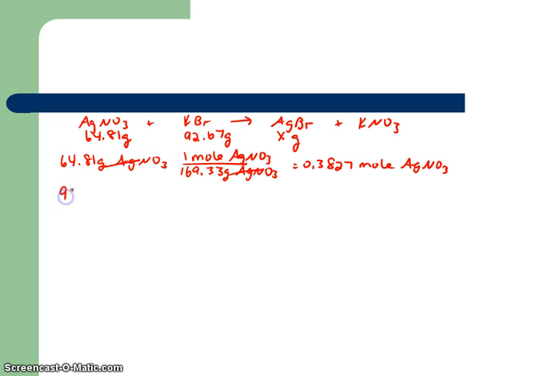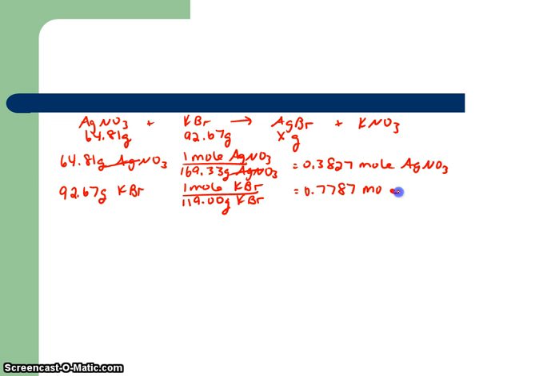Now let's take the 92.67 grams of potassium bromide and convert that to moles. 1 mole of potassium bromide equals its molar mass, 119.00 grams of potassium bromide, is going to give us 0.7787 moles of potassium bromide.